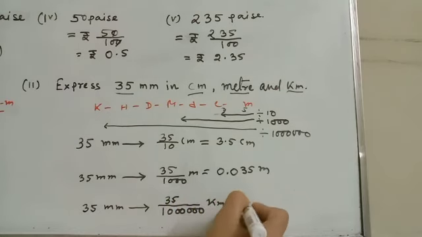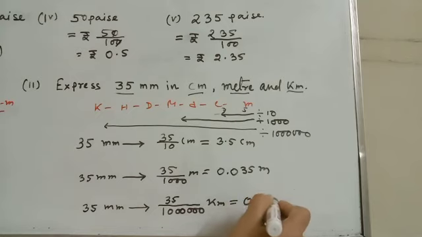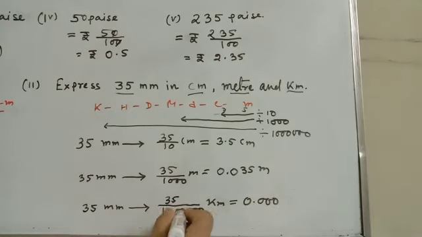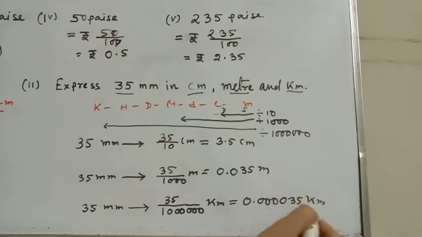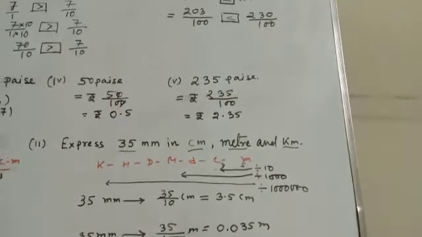So the result is 0.000035 kilometer. Understood? Practice this sum, students. Thank you.